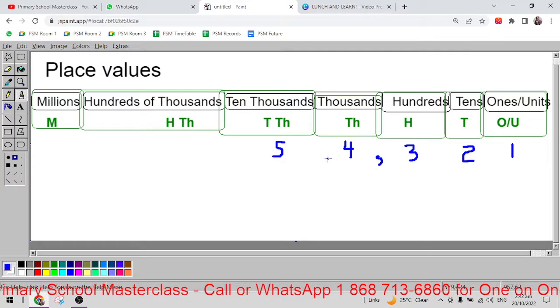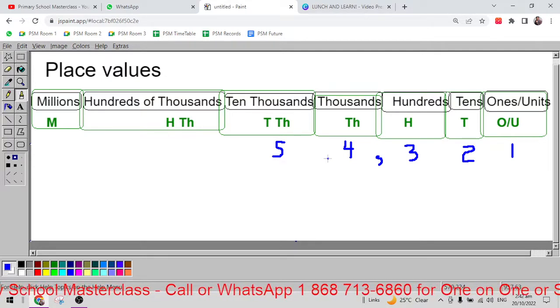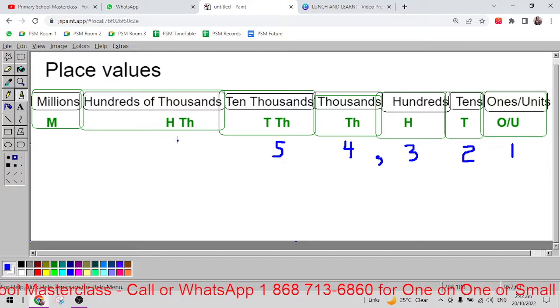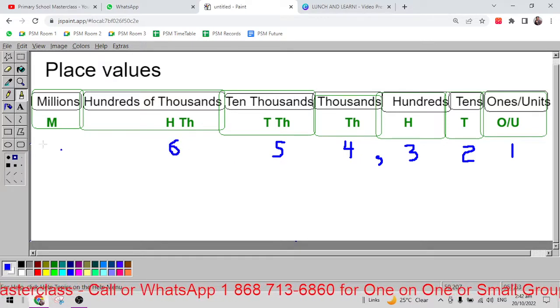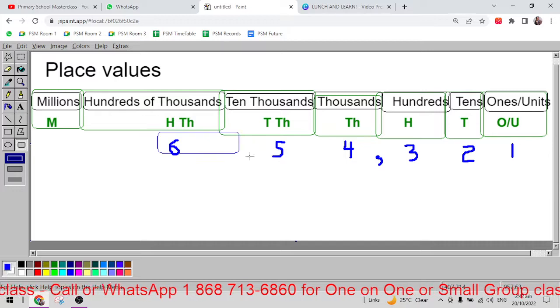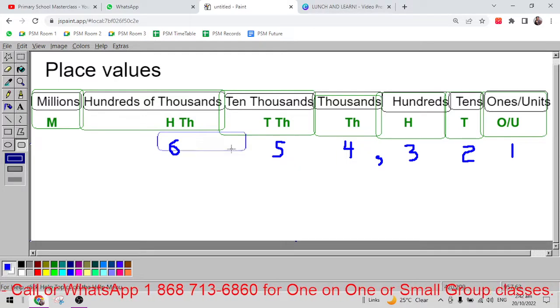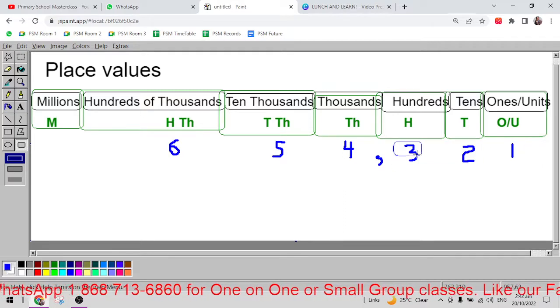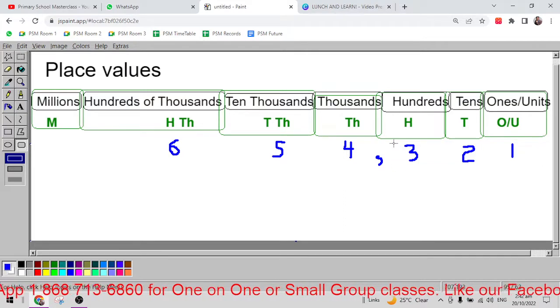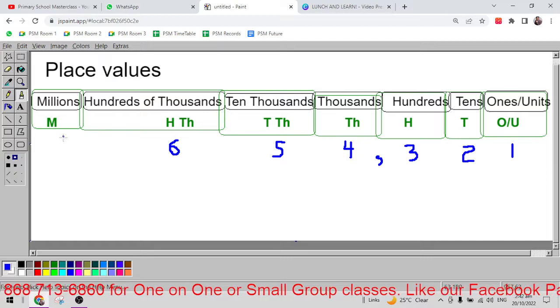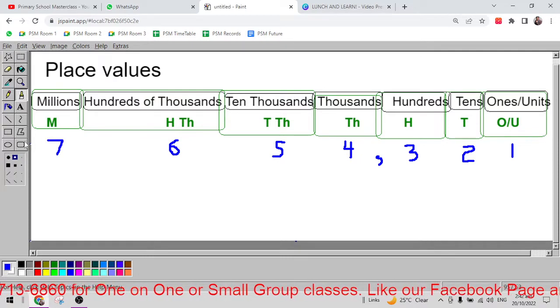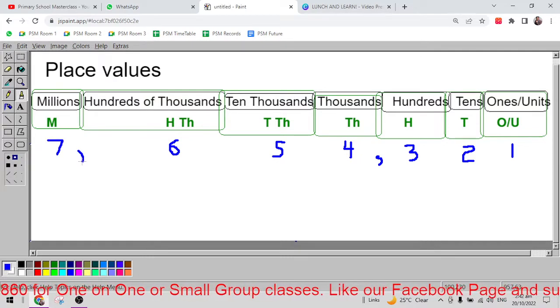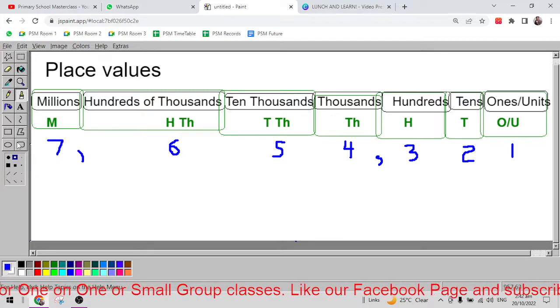This number now is 654,321. And then finally, this number here is 7,654,321.